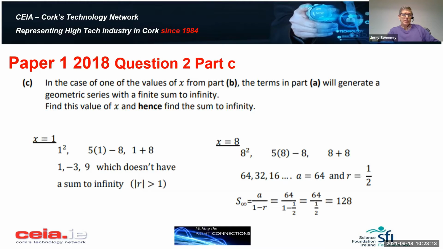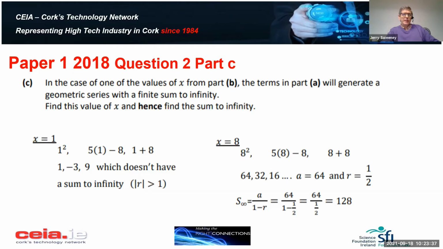So 64 divided by 2 is 32, divided by 2 is 16. And the next one is 8, and so on. So we can see there, okay, that a is equal to 64.